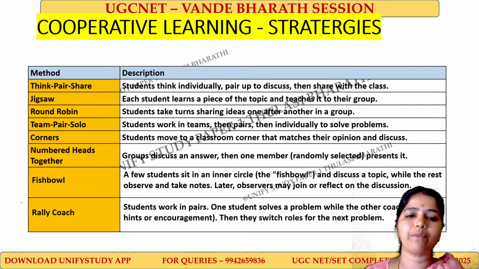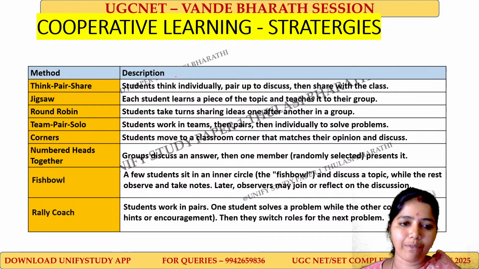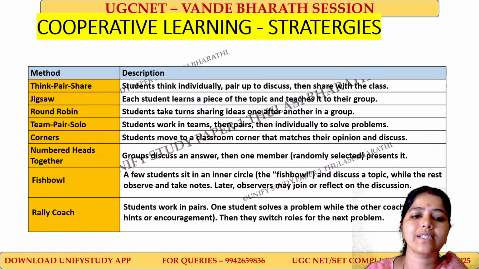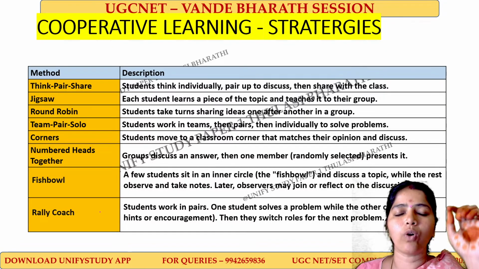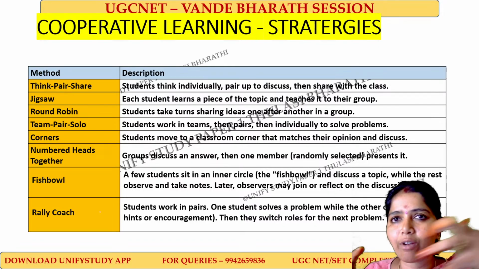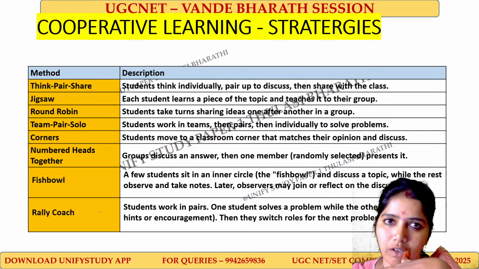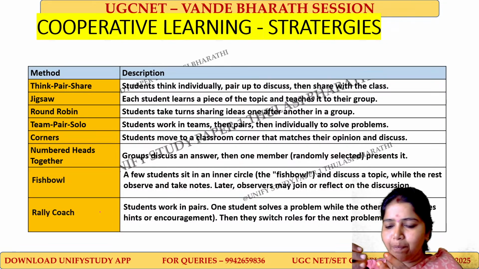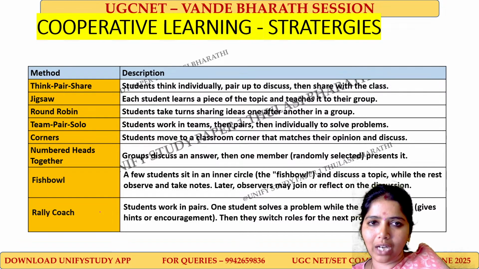Next one, very very important learning strategies that we have to remember. These are the currently asked learning strategies. I will be going very quickly so that you can understand it better. Cooperative strategies: think, pair, share means students think individually, then they will be paired, and then they will share with the class. They will think individually, be paired to discuss, then come to the class to share.